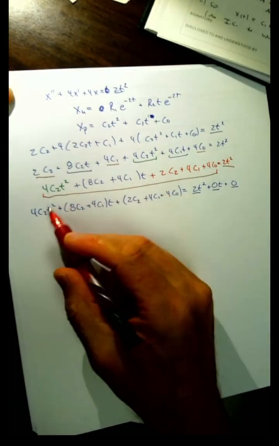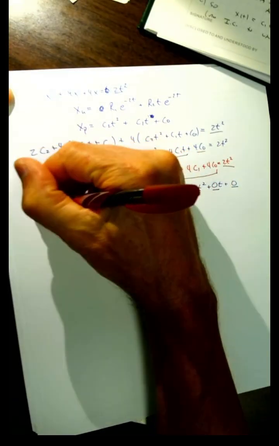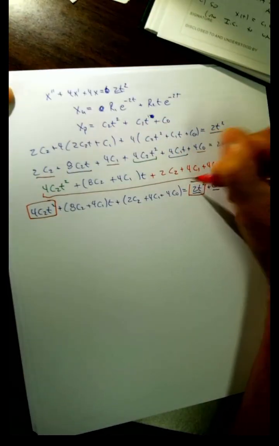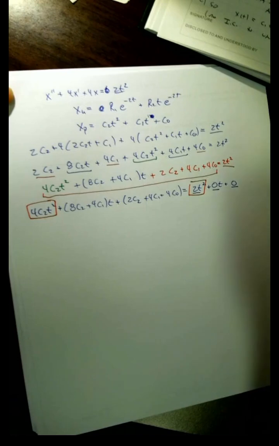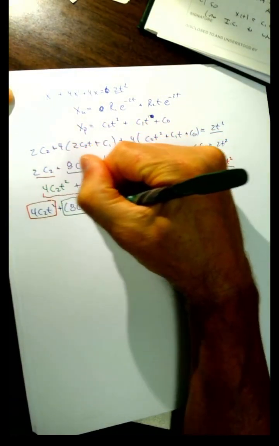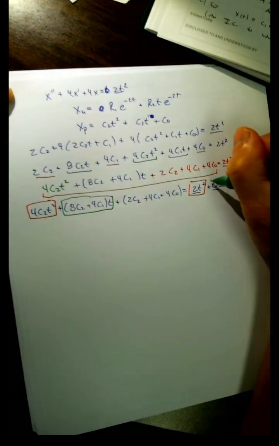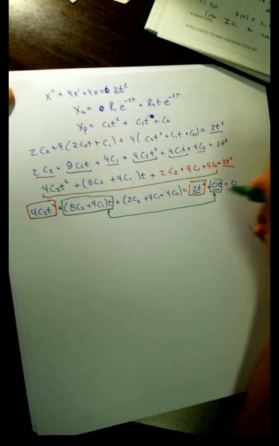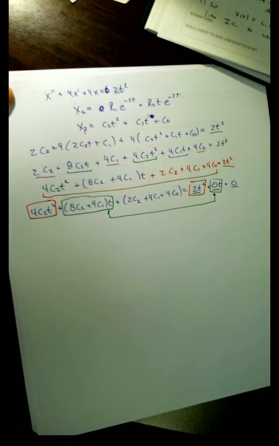If this polynomial is equal to this polynomial, that means the t squared terms have to be the same. Also, the t terms have to be the same, right? Otherwise, it's not the same polynomial.